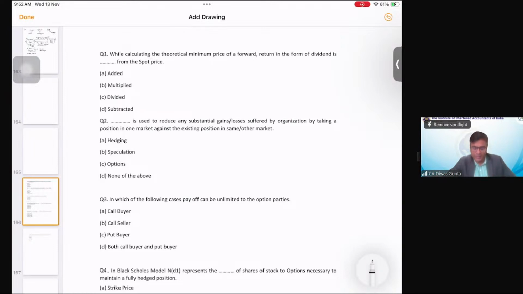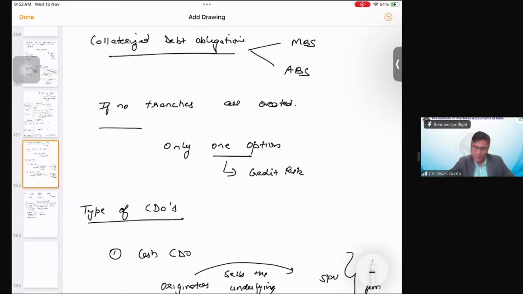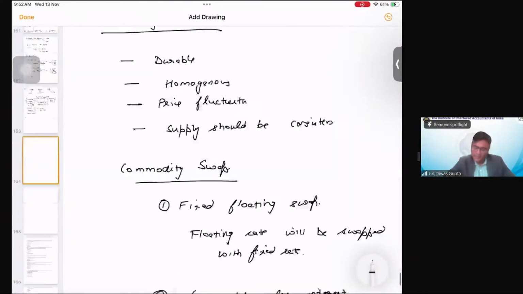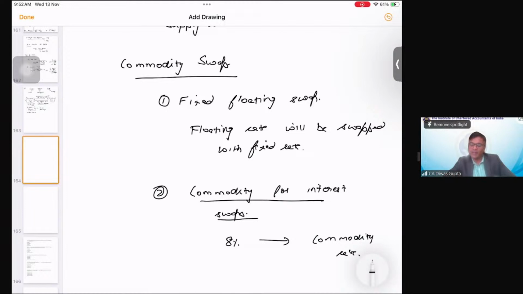No. Wait. See, I talked about two things here. One is the fixed floating swap, which I said that the floating rate will be swapped with a fixed rate. For example, the corn is, let's say, 10 rupees per kg. This is the fixed price, and the floating price is whatever is going in the market. Correct? So it will be fixed for the commodity. For the second part, which is commodity for interest swap, this is the second type of derivative.